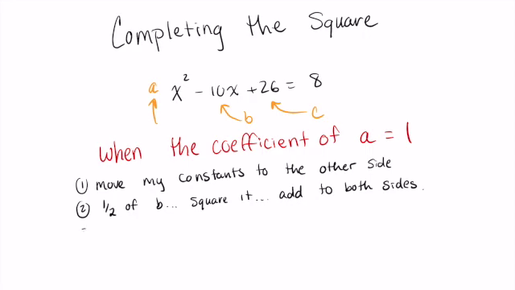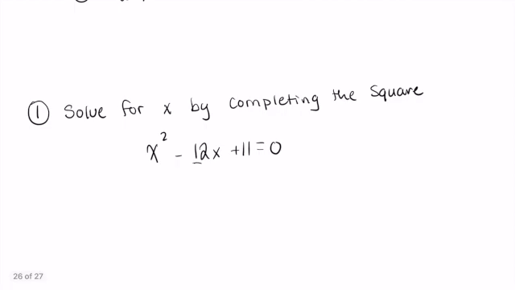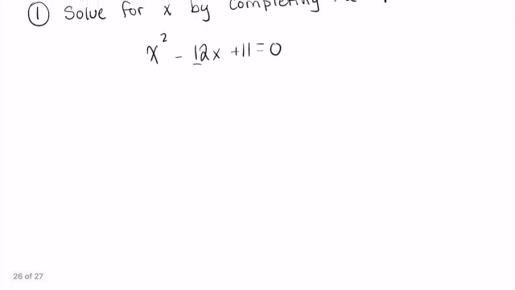Once I've done that, I am going to complete the square. It's very simple, but I'm going to do about 3 examples to help illustrate what's going on here. So let's jump straight into example number 1.